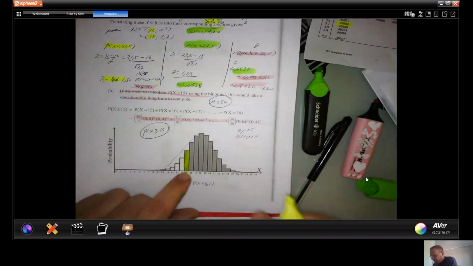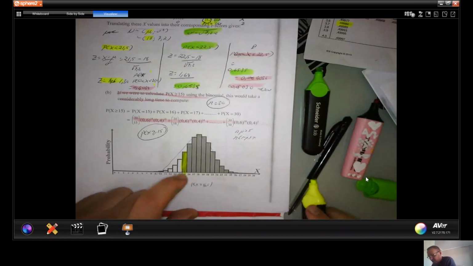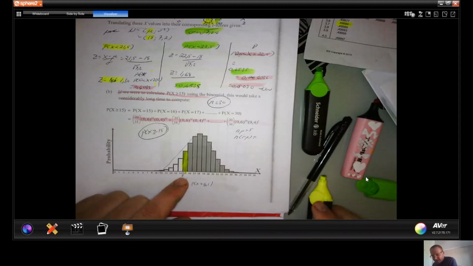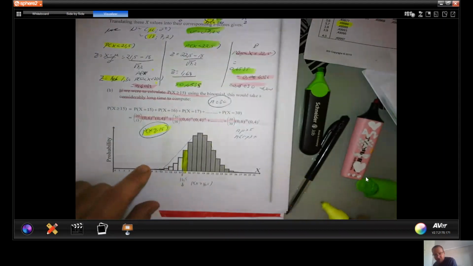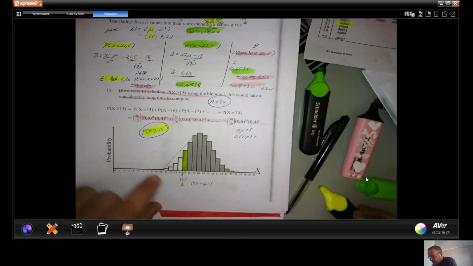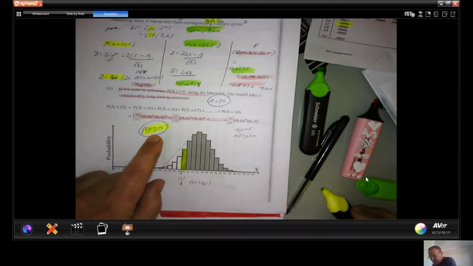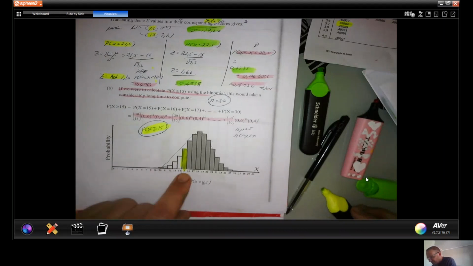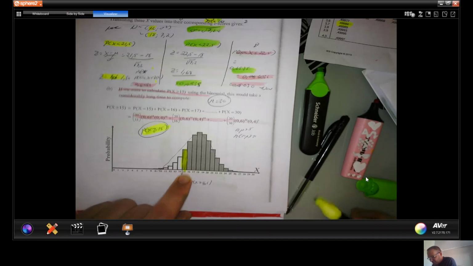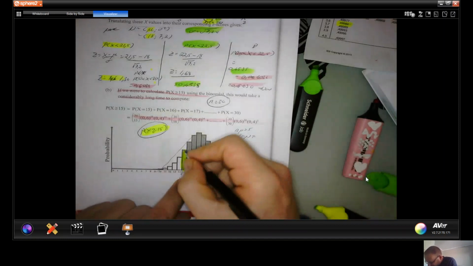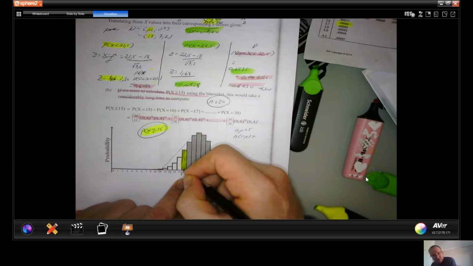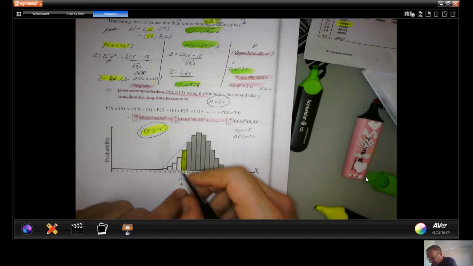The area of that bar is the probability that X is 15. Because it's greater than or equal to, you've got to include the 15 bar. If you just worked that out directly on the normal distribution, starting at 15, you'd leave out half of this bar, so your reading would be inaccurate.